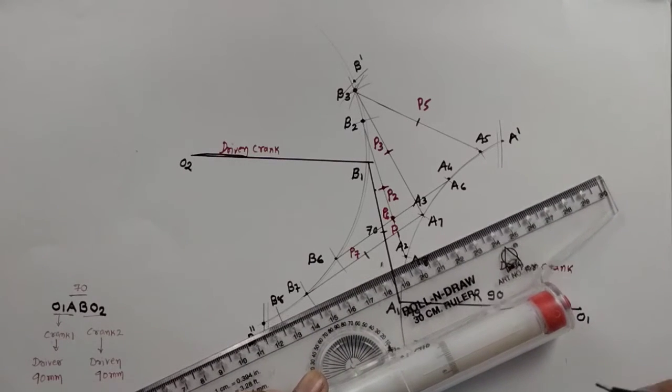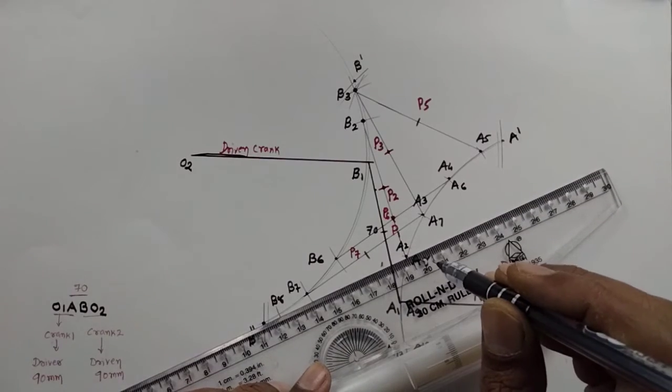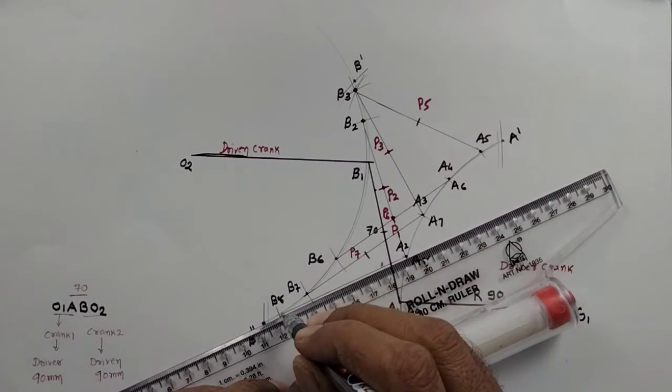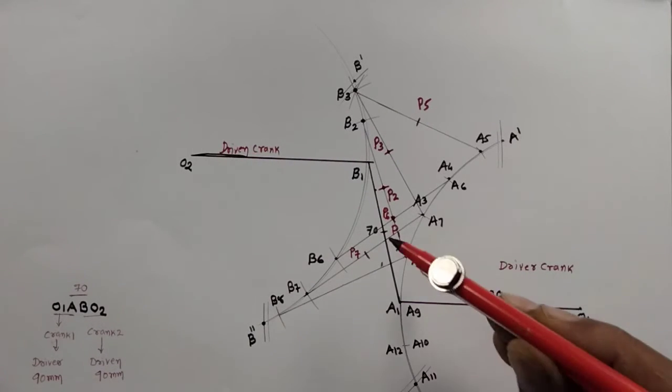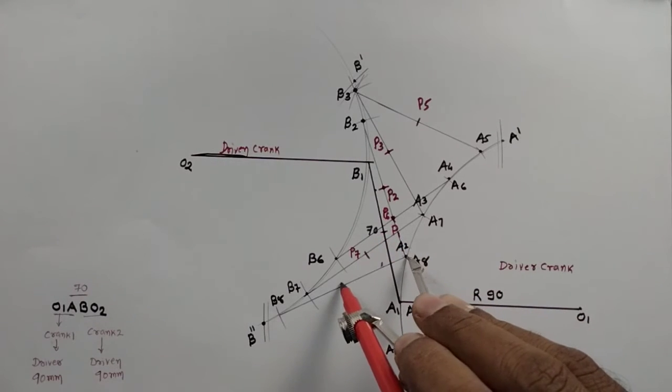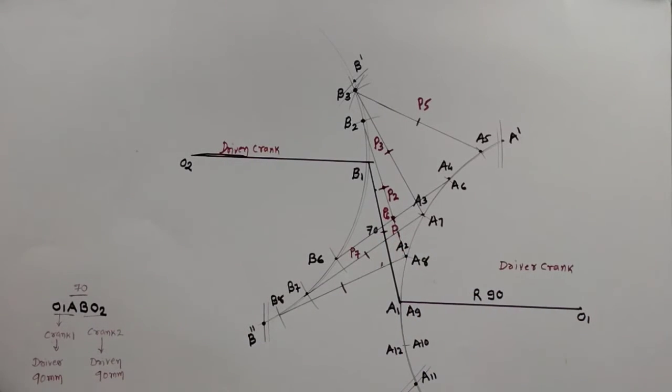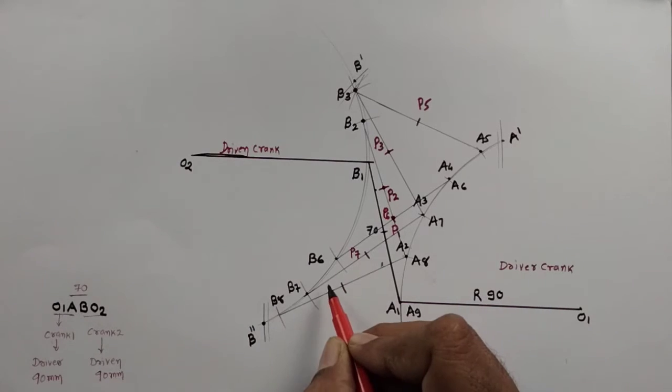Join your A8, B8. Show your link position. A8 is the center and we do that. We have to follow all the repeat steps for all the points. This is your P8 point.